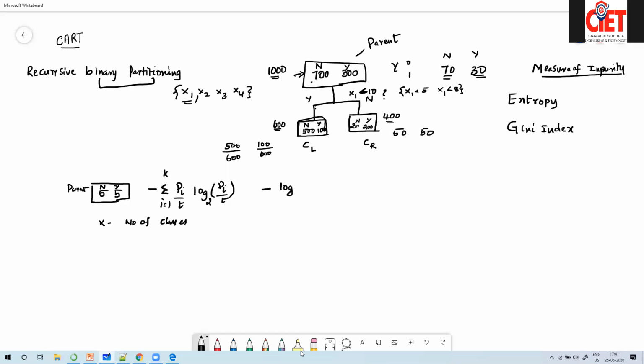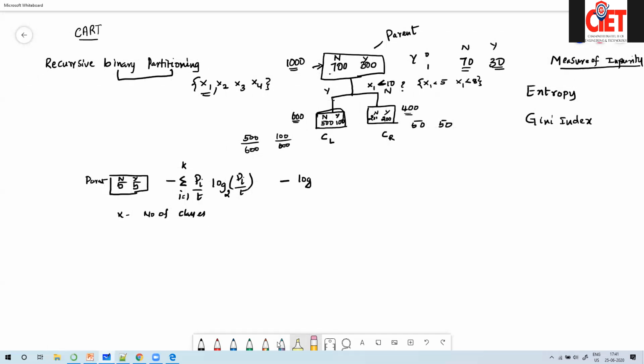Here it is 2 classes, no and S. So for the parent node, the value of entropy is going to be measured like this: minus 5 by 10 log of 5 by 10 to the base 2 for the S group, minus 5 by 10 log of 5 by 10 to the base 2.